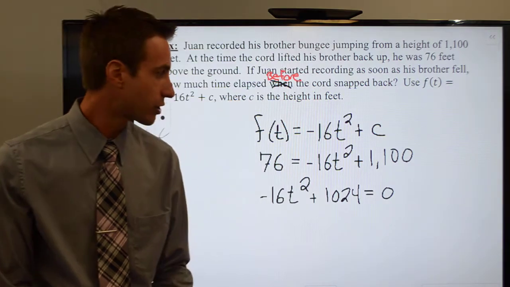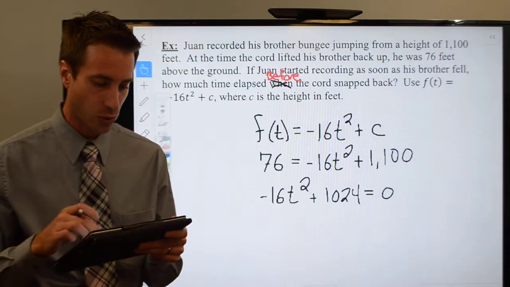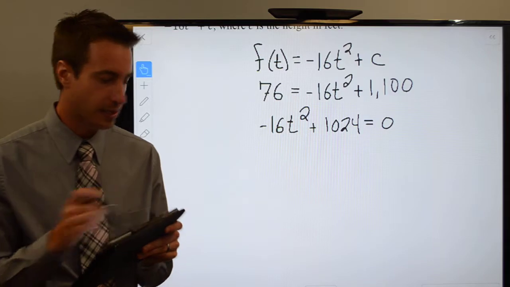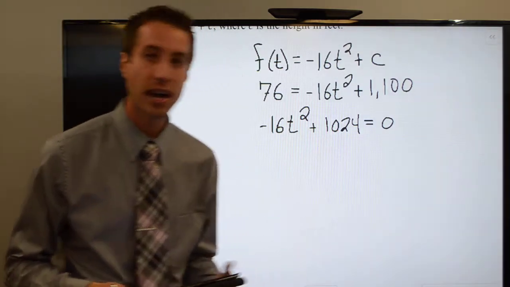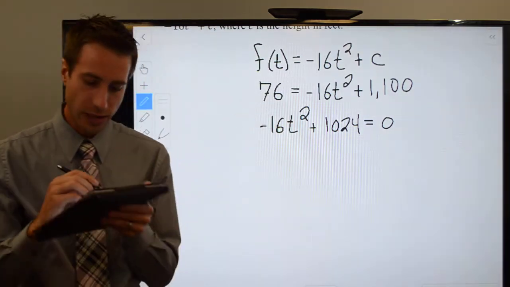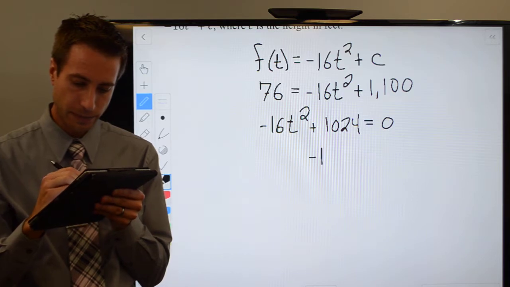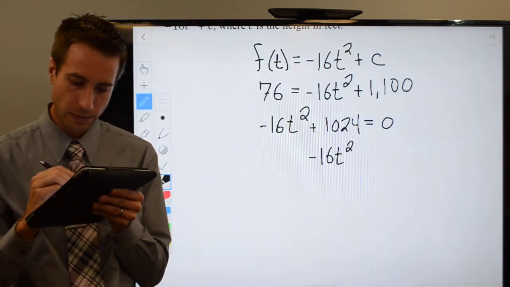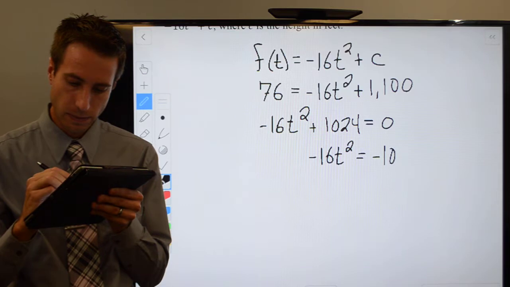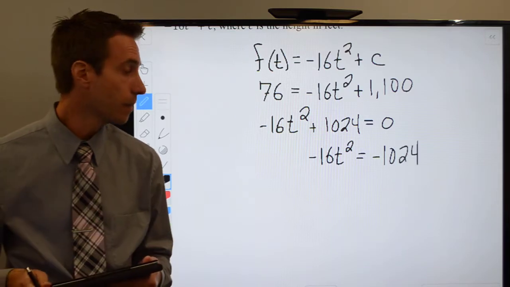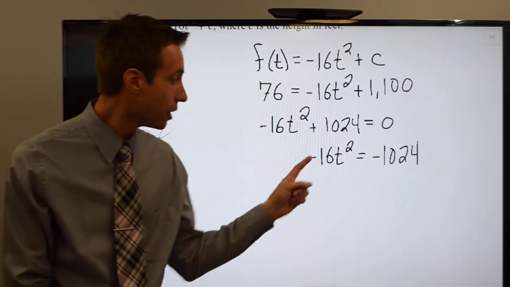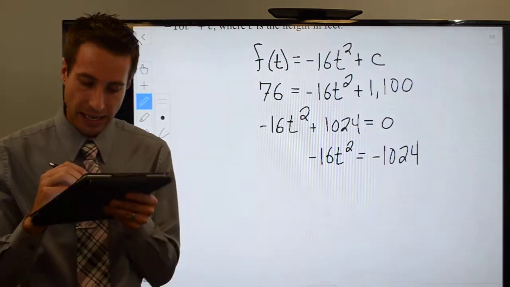So actually, you guys are going to like this a lot. Here's the way that this one works. Go ahead and simply move the 1,024 to the other side. I've got to get that t squared by itself, so divide both sides by negative 16.